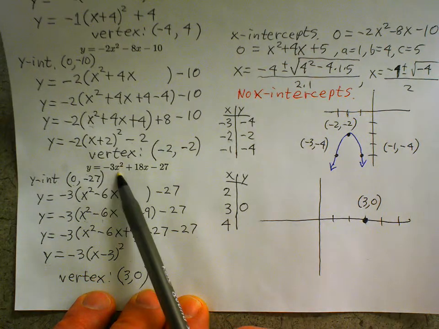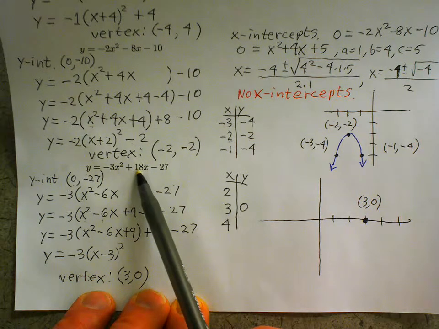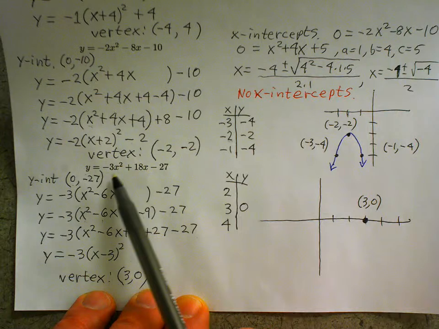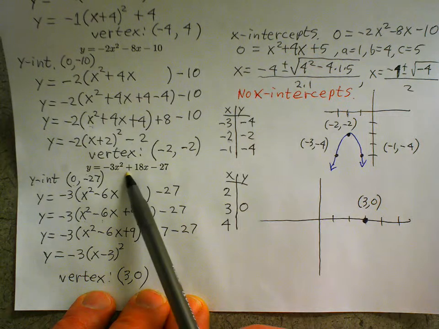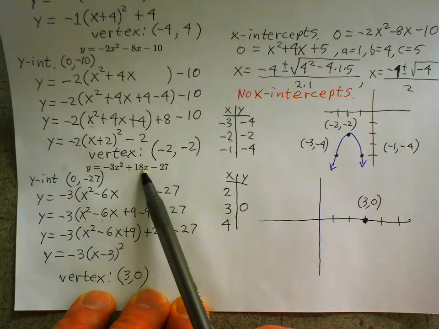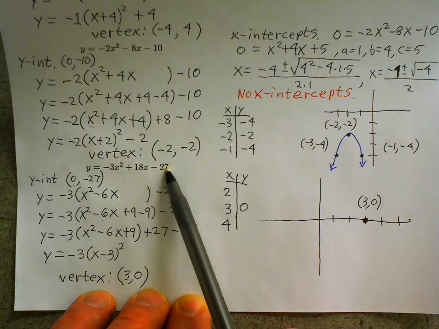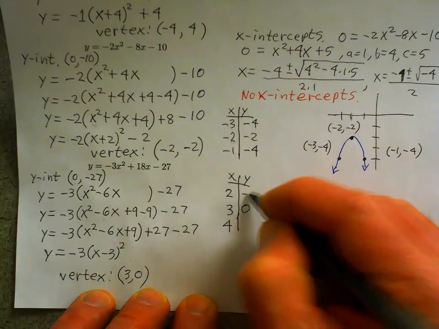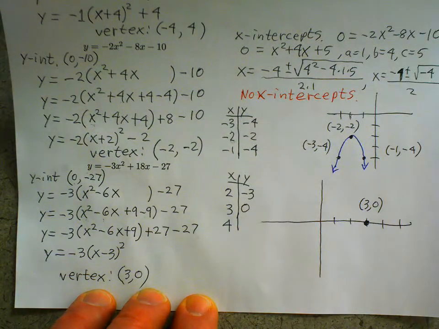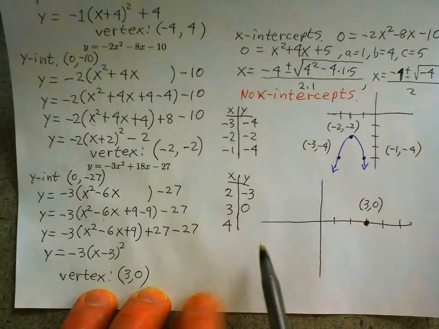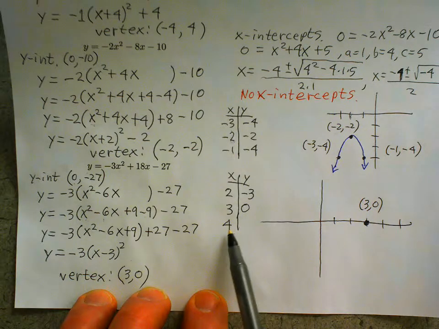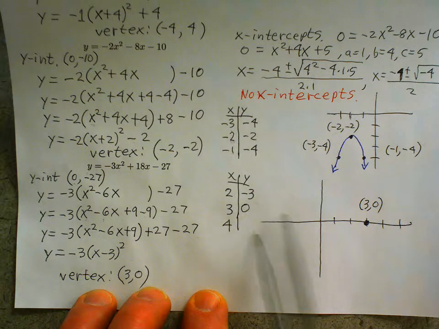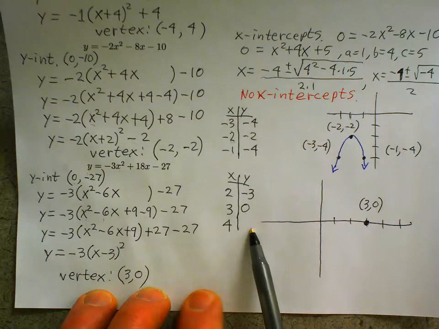Negative 3 times 4 is negative 12. And then plus 18 times 2 is plus 36. So negative 12 plus 36 is 24. And 24 minus 27 is negative 3. And the y-coordinate that goes with x equals 4 should be negative 3, provided no mistakes were made.